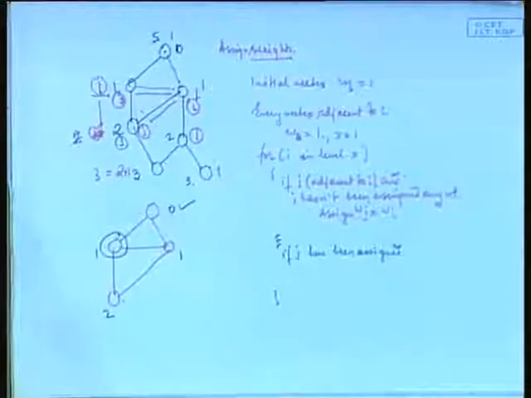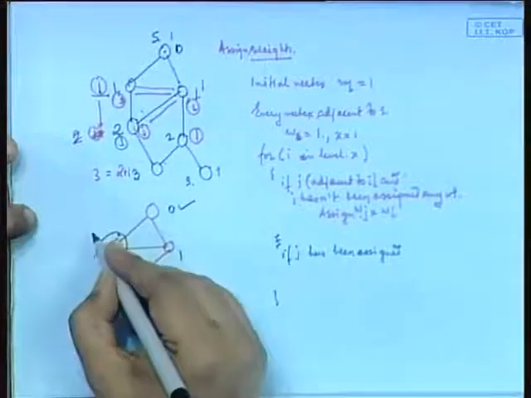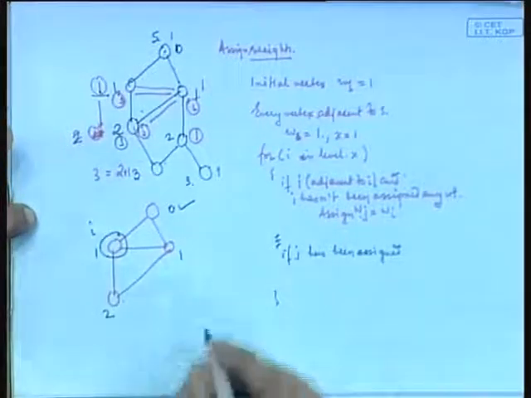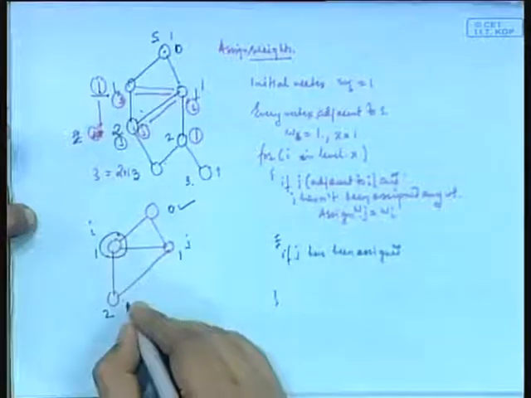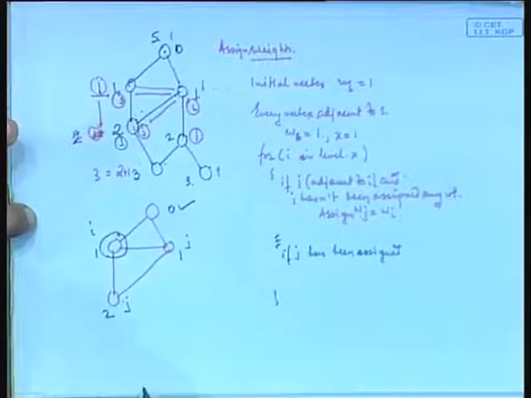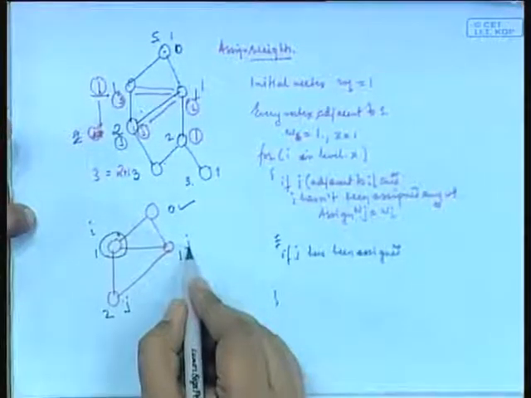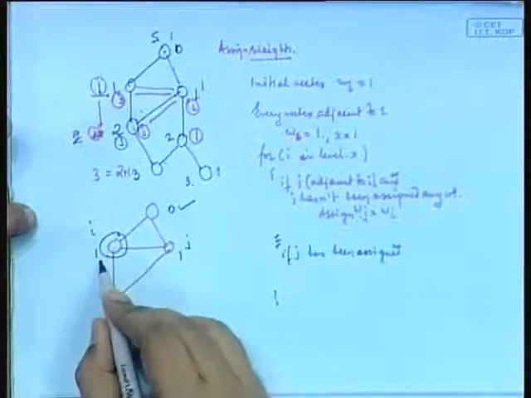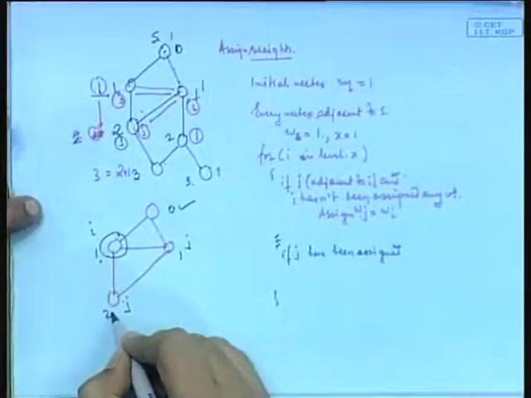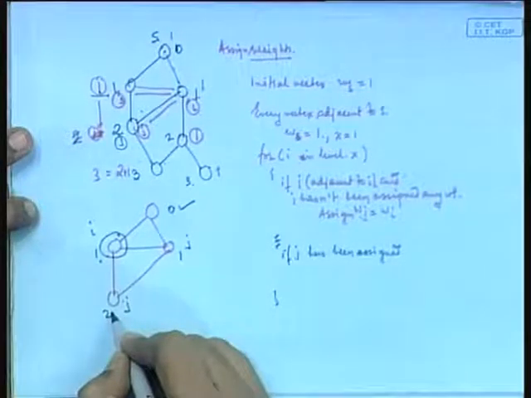Clear? Okay. Now, see this node, this is I, j can be this and j can be this. So, what is the level of j? It can be same as I or it is one level more than I. It is one level more than I. Okay.